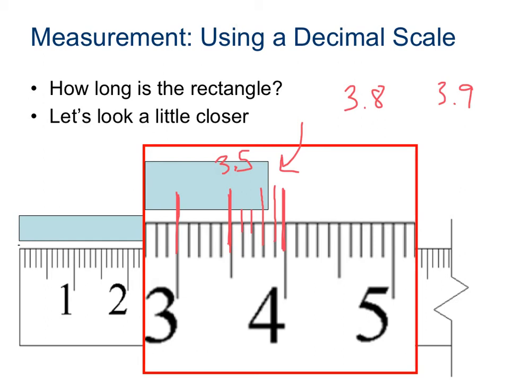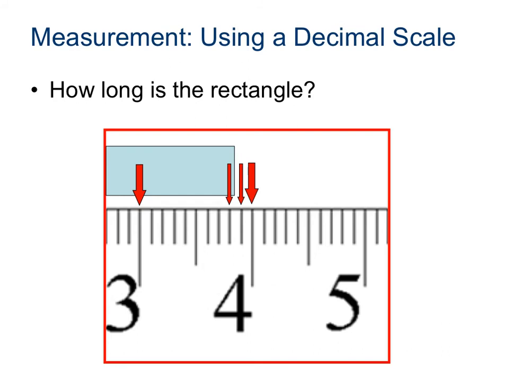We know it's not exactly 3.9, so it's going to be 3.8. And if you look where it lines up right there, it's a little bit less than halfway in between 3.8 and 3.9. So if we were going to estimate it, we would give it 3.84.